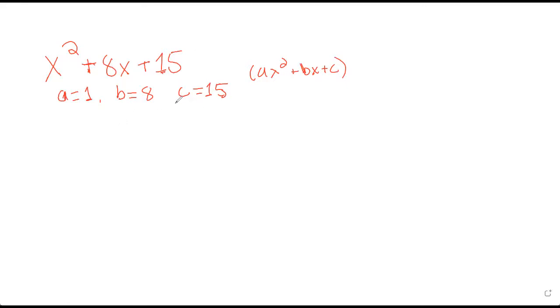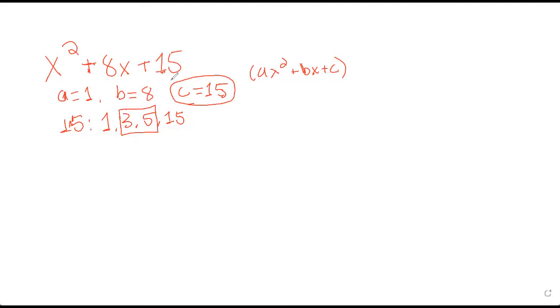The thing to look at is the factors of 15, which are 1, 3, 5, and 15. Well, 3 plus 5 is 8, and also 3 times 5 is 15.